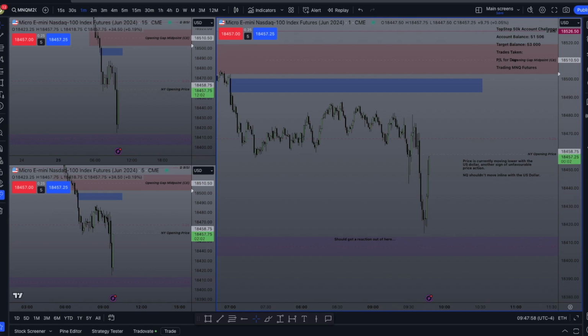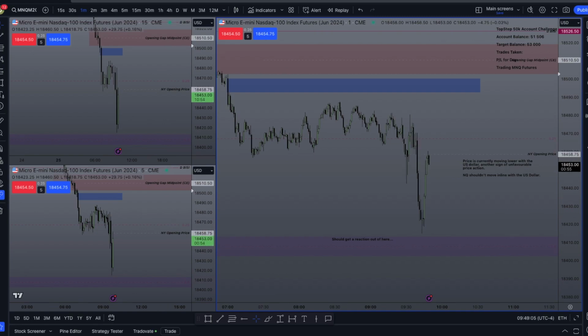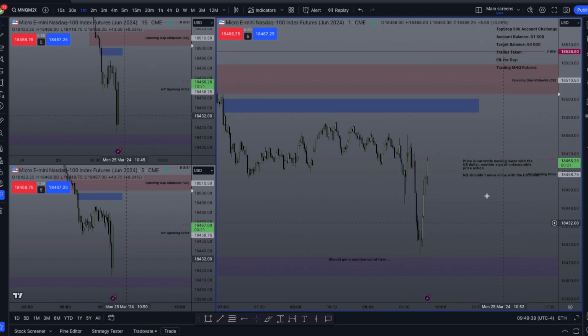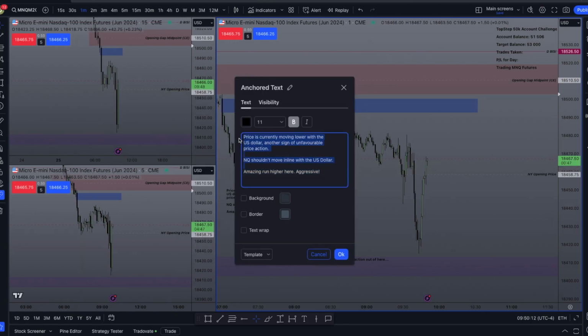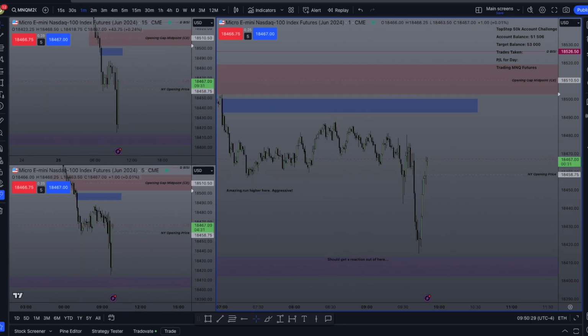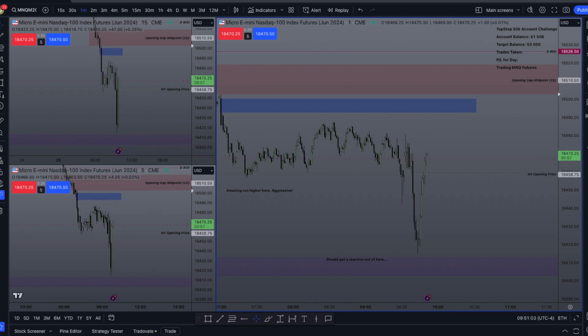So price moving higher here. Not really much for me to get on. Just too fast, really. Yeah, aggressive move. Really aggressive move here.